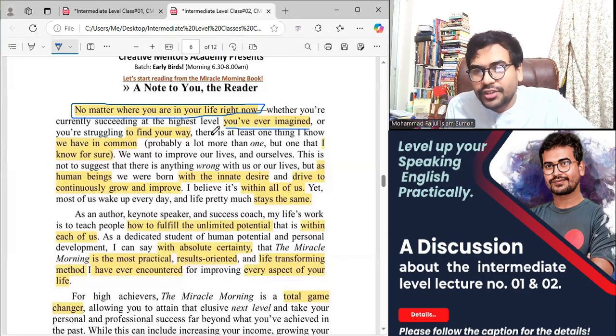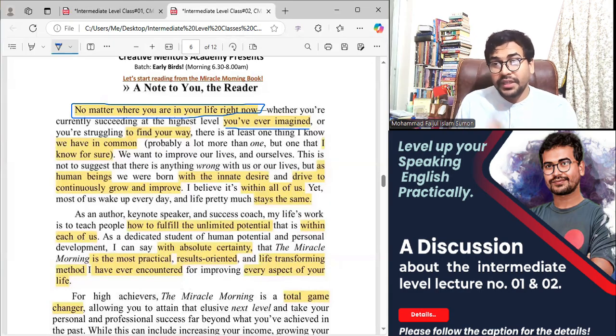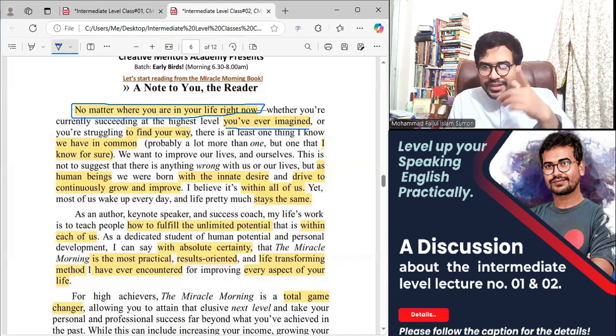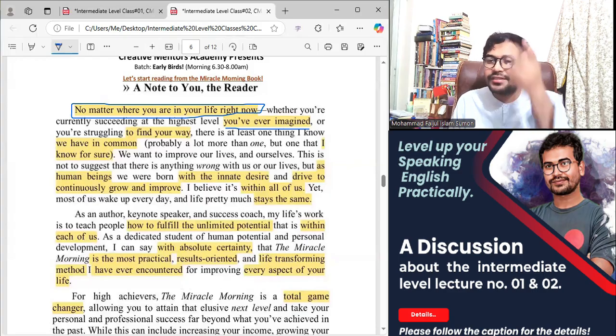You have ever imagined how we can use this term for another purpose. You never know what I will do one day. You've never imagined. Got it. So I have used this term, you've ever imagined. So you will get the surprise: you have ever imagined or you haven't ever imagined.